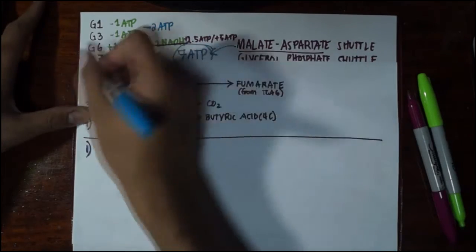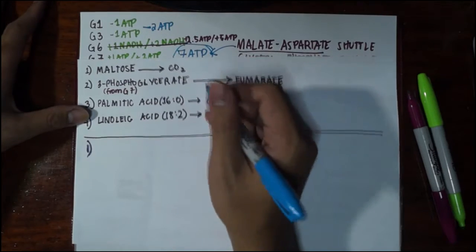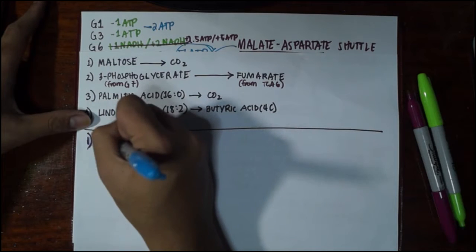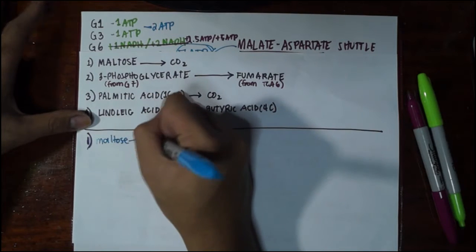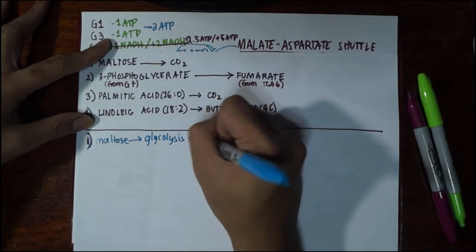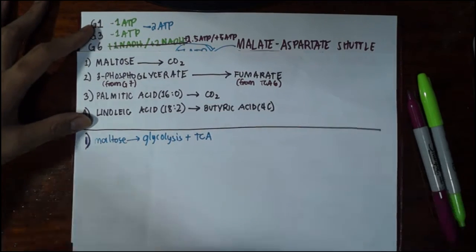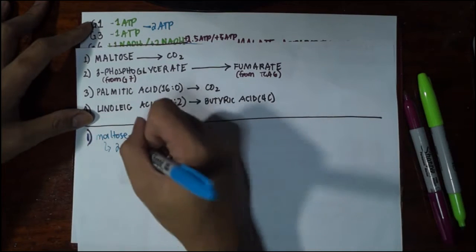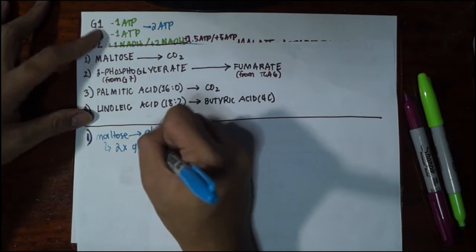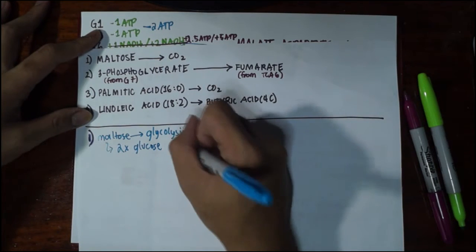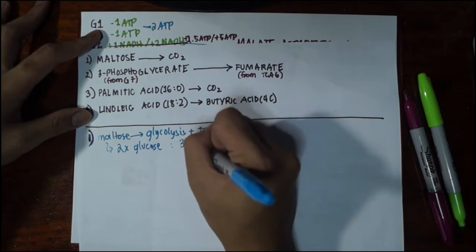When we are given this type of question, we assume that maltose has undergone glycolysis and Krebs cycle completely, meaning it has undergone everything. And since maltose is 2 molecules of glucose, and in every glucose we produce 32 ATP.